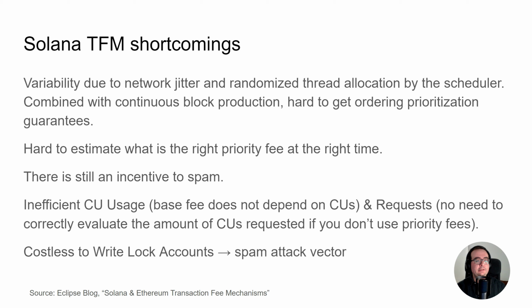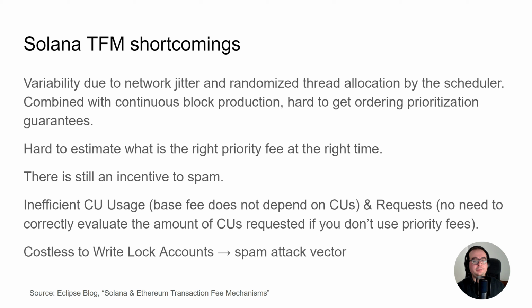There is a variability due to network jitter and randomized thread allocation by the scheduler. What I want to say here is that basically when you send a transaction, even if you have high priority fees, you cannot really be sure that this transaction will be executed as soon as possible, because there is some variability on how the transaction arrives to the leader, and at what time it arrives to a leader, and this is coming due to network jitter.